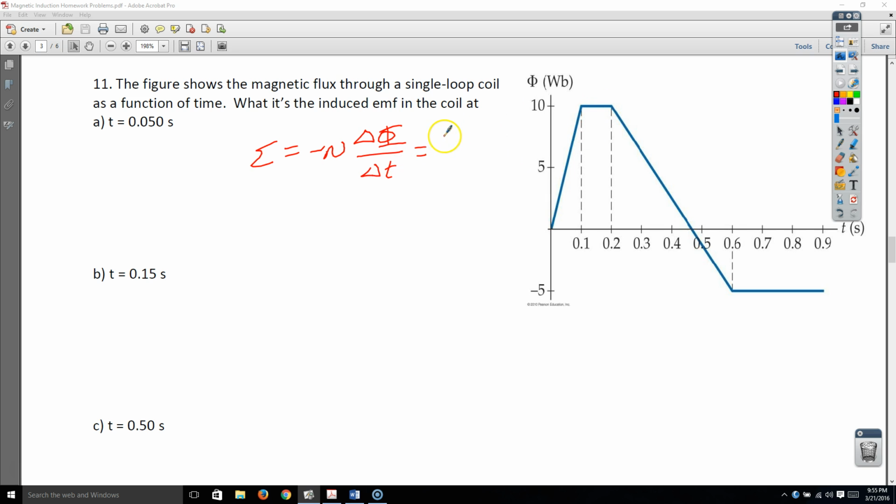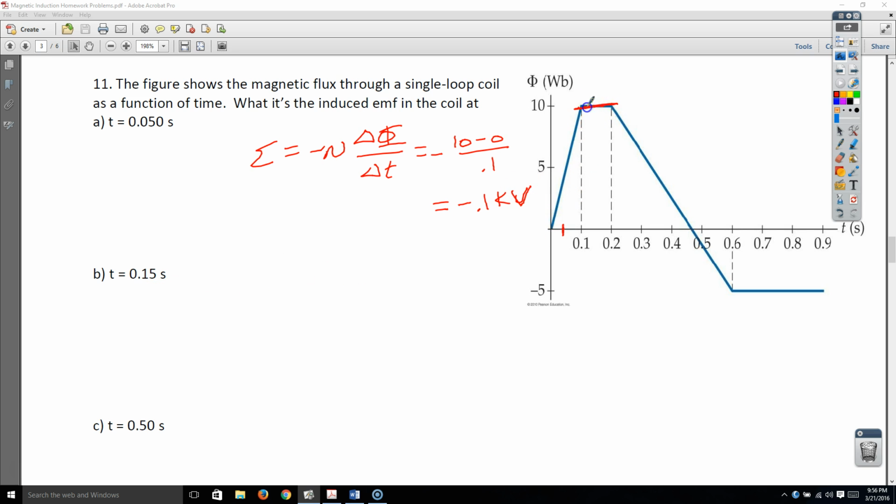Here we've got one coil, so we just do 1 there. This is going to be negative, and we say it's 10 Webers minus 0 Webers, so it's the final minus the original. So at this point, we just look for the slope of the line, and then we divide that by 0.1 seconds, and we end up with negative 0.1 kilovolts.